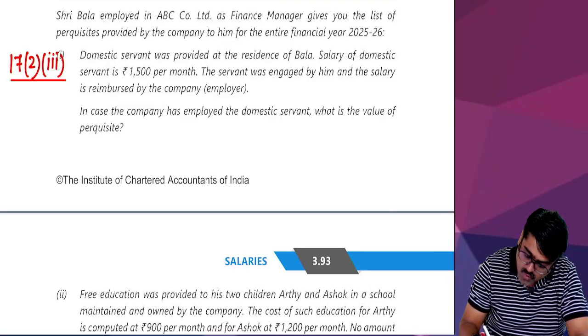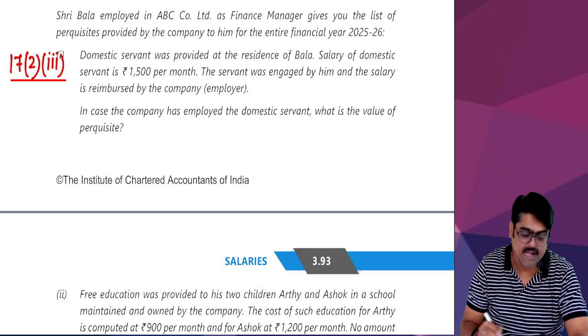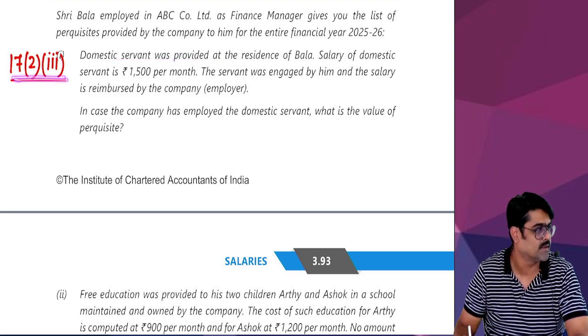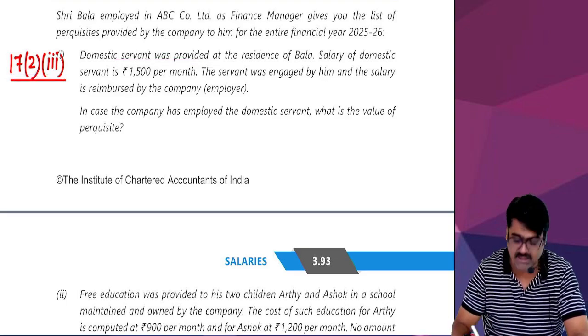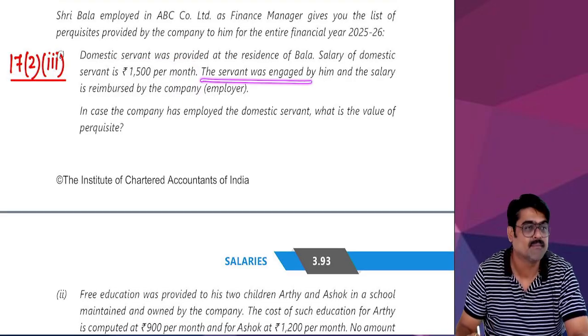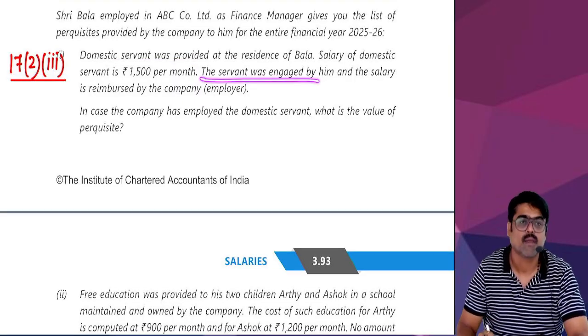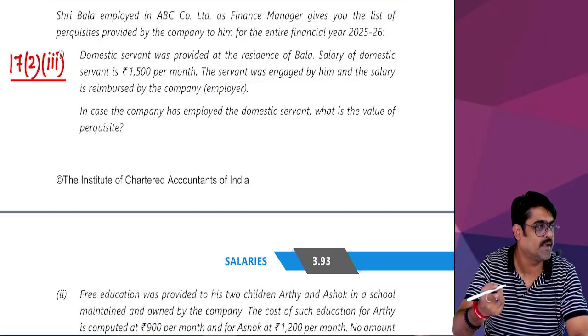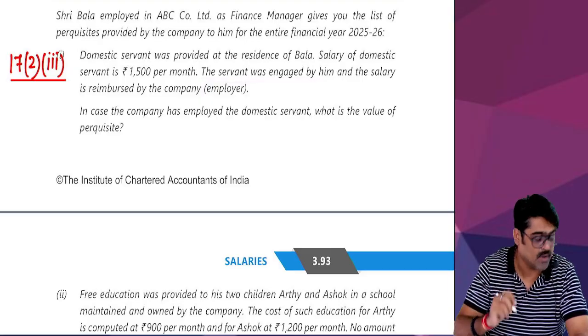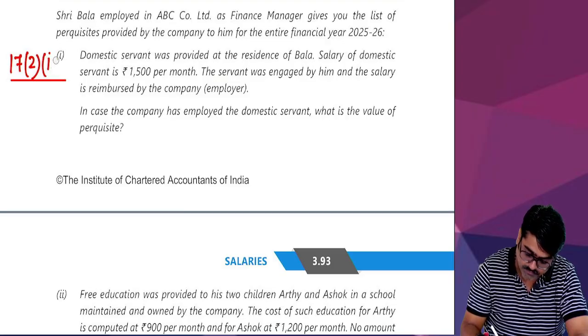So if you read only this much, then your conclusion will be clause 3. But don't read only this much, read this also. The servant was engaged by him and salary reimbursed, meaning your liability met by employer will be clause 4.